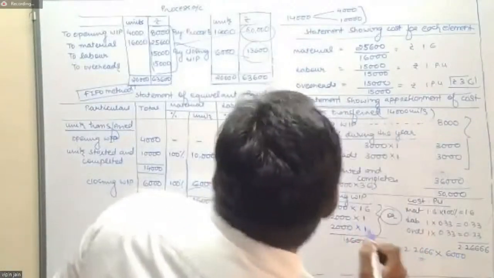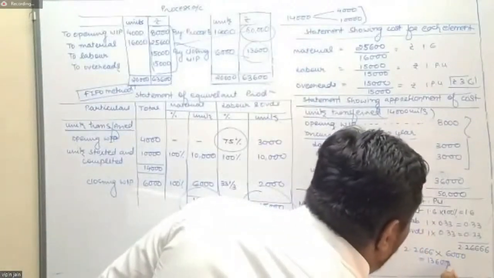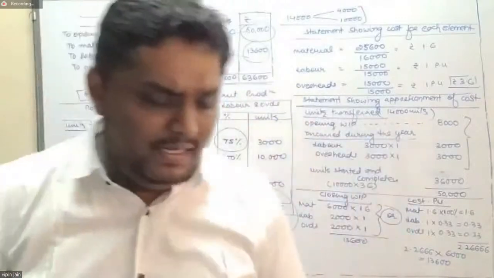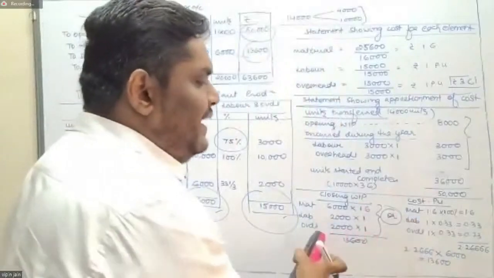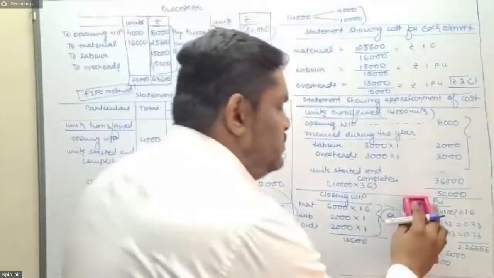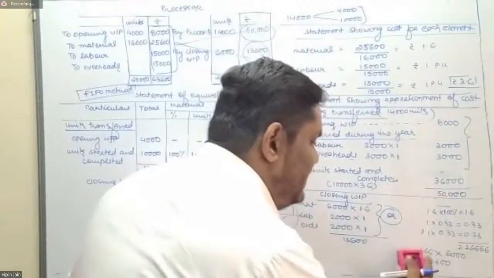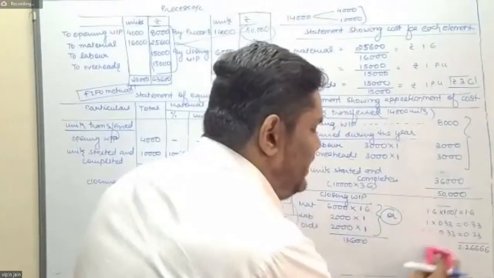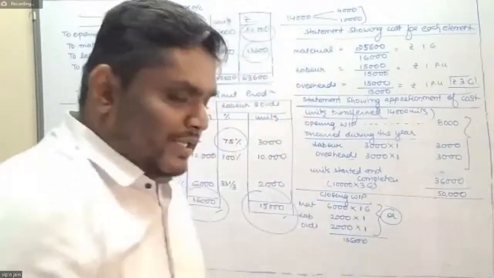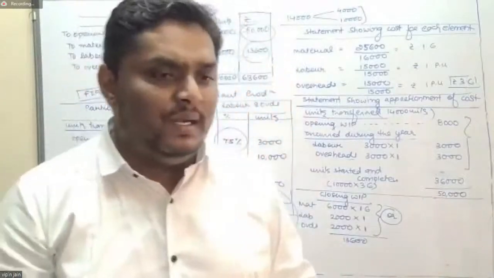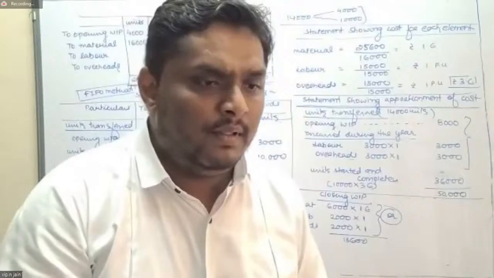So we'll get 13,600. So both these approaches are correct, but I suggest you stick to only this approach. In both the cases, the answer will be the same. So as of now, I'm erasing it. Just don't want to create confusion in your mind. So in simple terms, this is how the closing work in progress is calculated.